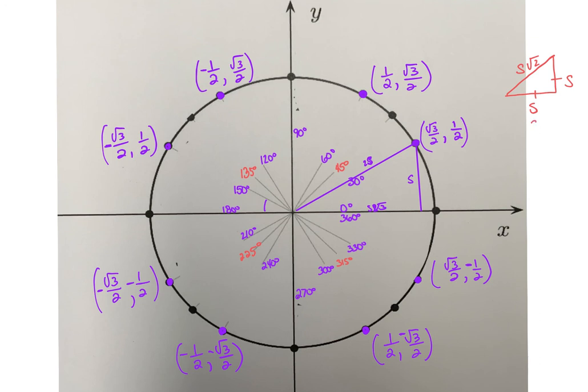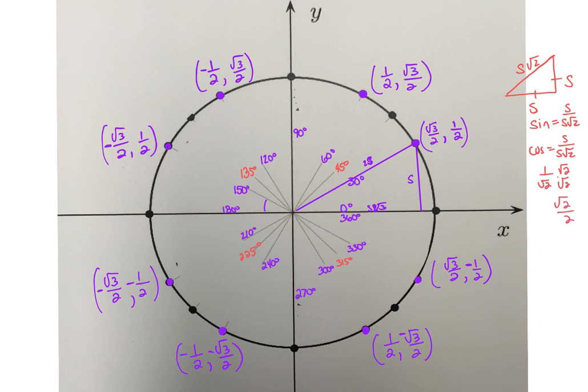And so my sine value, my opposite side over my hypotenuse, and my cosine value, adjacent over hypotenuse, is going to be the same thing. It's going to be 1 over the square root of 2, but we're not going to leave it like that. We're going to rationalize it, right? So we end up with square root of 2 over 2.